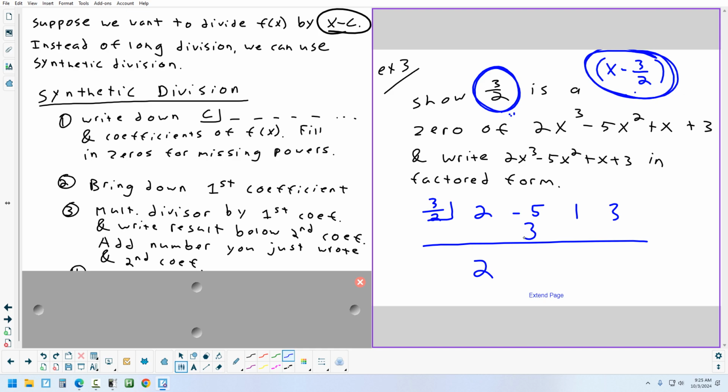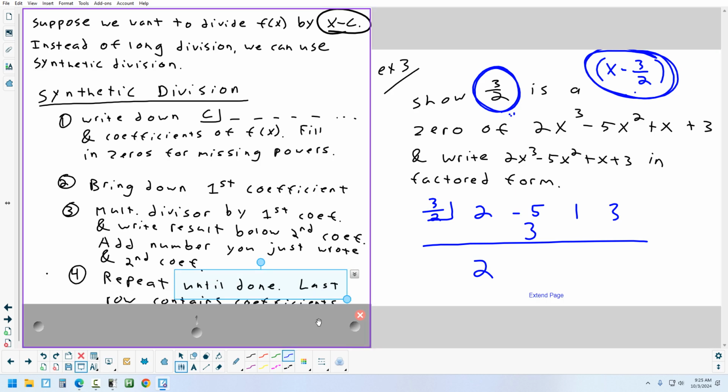Now, that's where we have to be a little careful. What did we do with our columns yesterday with long division? We subtracted. You're not subtracting today. With synthetic division, you're going to add.